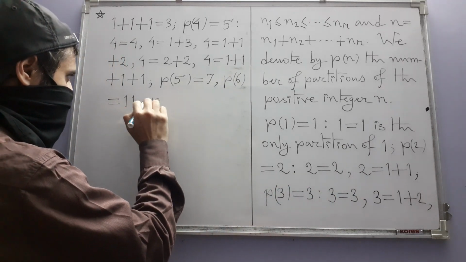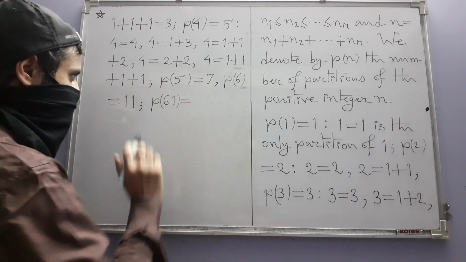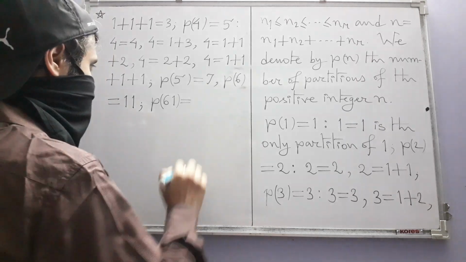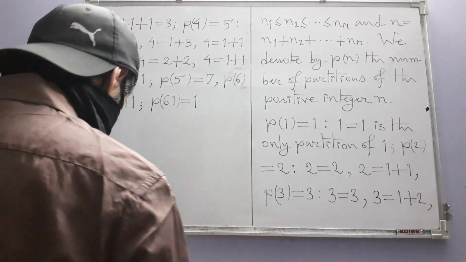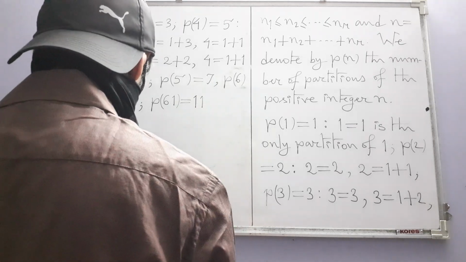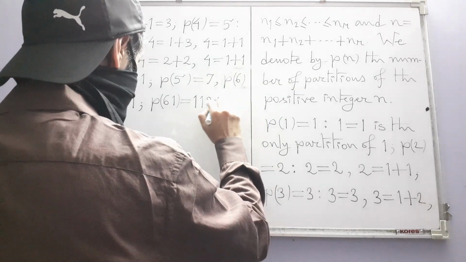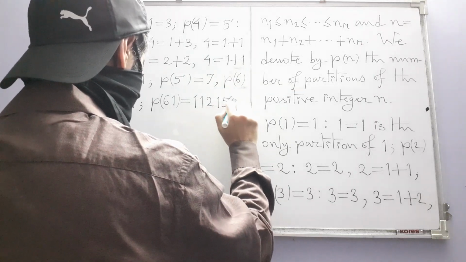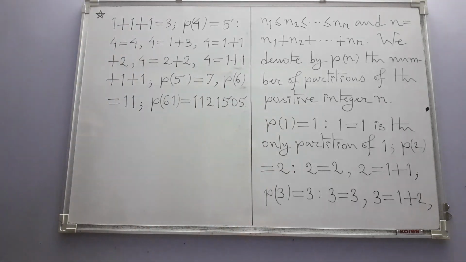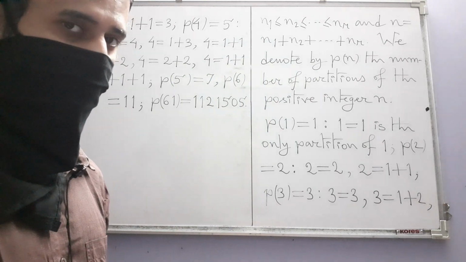But if one calculates P of 61, that turns out to be this quite large value, 1121505. So this gives us an idea of how rapidly the P values increase with n.